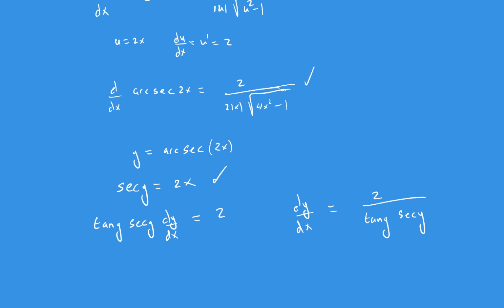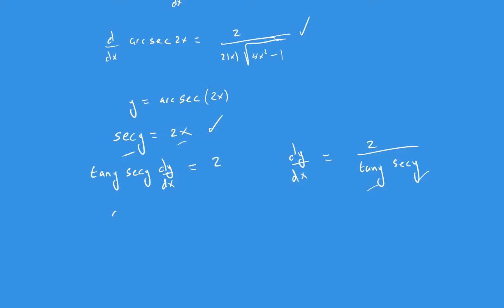Now the expression is in terms of y, but I want to have it in terms of x. But secant y is 2x, so I can put 2x here, and I have to find what tangent y is. So the derivative of y with respect to x will be 2 divided by tangent y times secant y, but secant y is 2x. So the problem is to find tangent y.